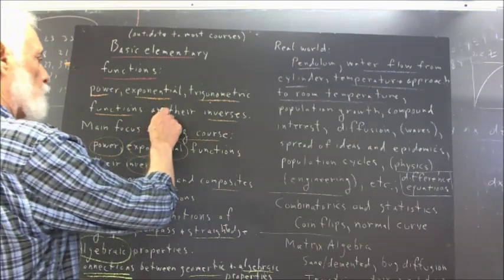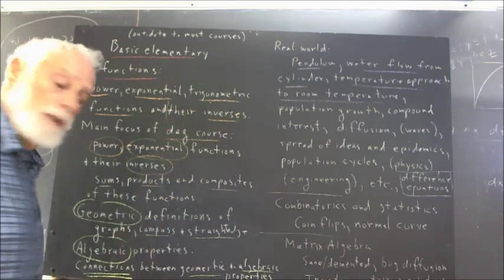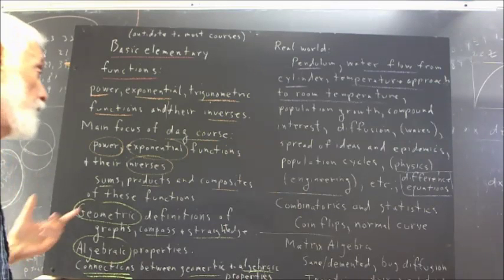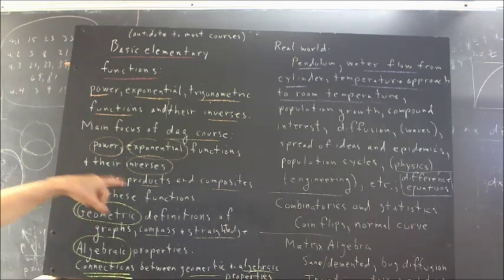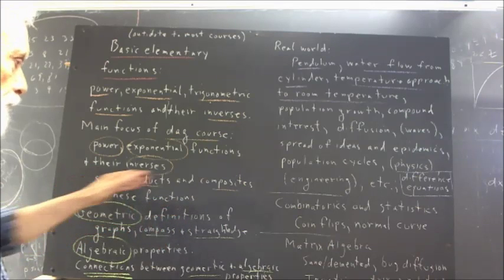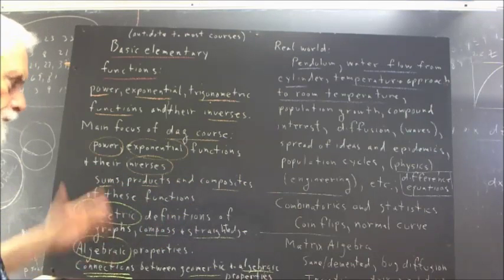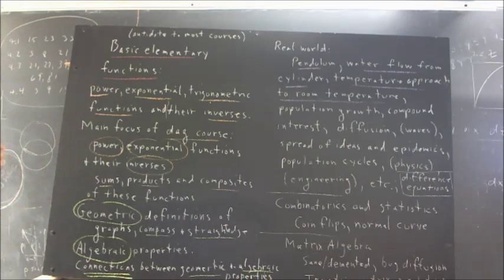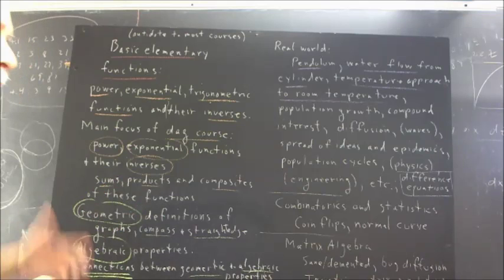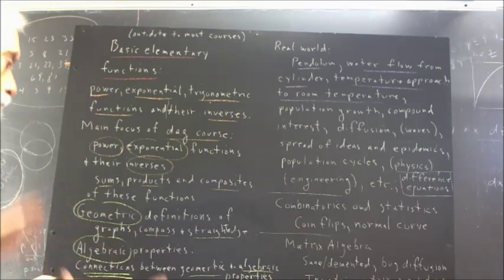I should complete that word "and." And then also the sums, products, and composites of these functions. Okay, we generalize the elementary functions, and generally the sums, products, and composites of the elementary functions are regarded as elementary functions.